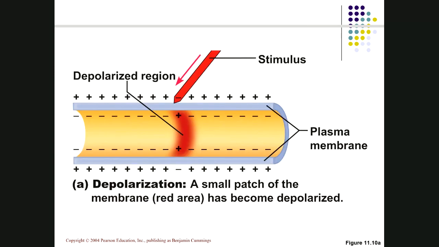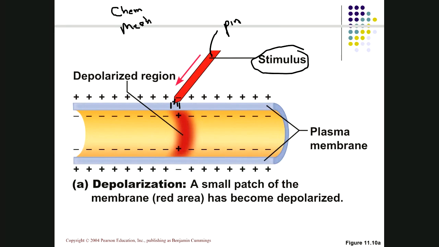So look, here's a stimulus. I don't know what this is, but it might be something like a pen or a needle. So look, it pokes somebody. And there are channels right here that are going to open. Which kind of channels do you think this is? Do you think it's chemical gated channels that open, or is it mechanical gated channels that open?